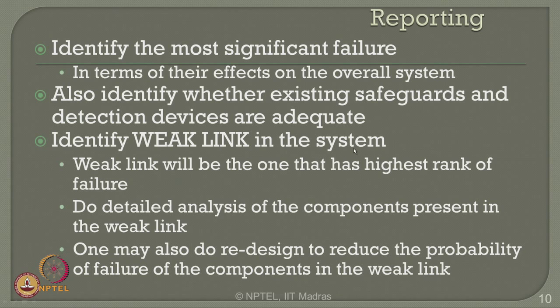Now, the question comes, what do you mean by weak link in a given system? Weak link will be the one that has got the highest rank of failure. Then one may have a question, where are we ranking the failure? We already said that the components which are identified for the causes and consequences are also sequentially arranged in terms of their merit order.